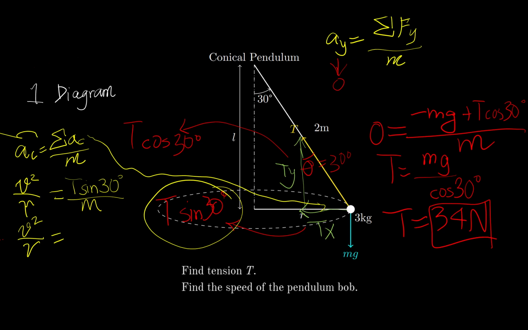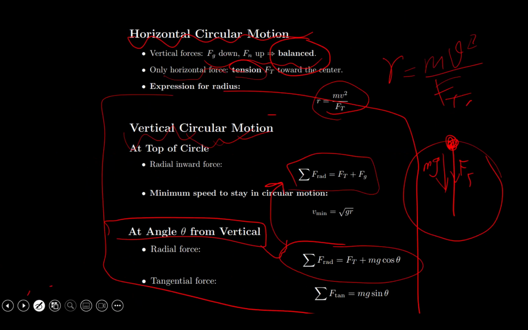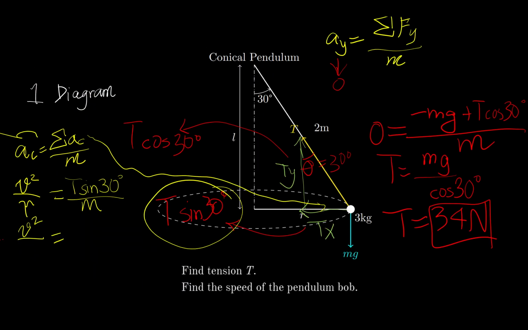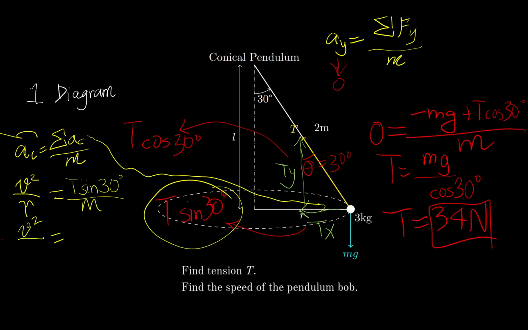Now we continue. v squared over r, what's r? Just a question. What is r? Which is very annoying sometimes. I want to say that r is equal to l. So what's l?